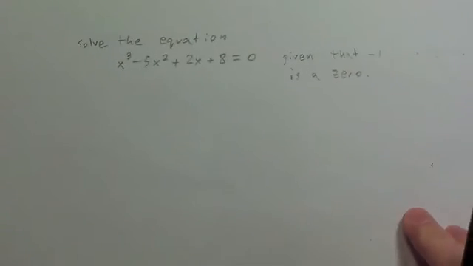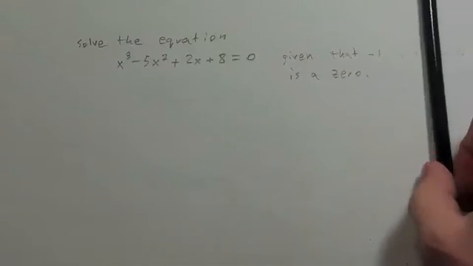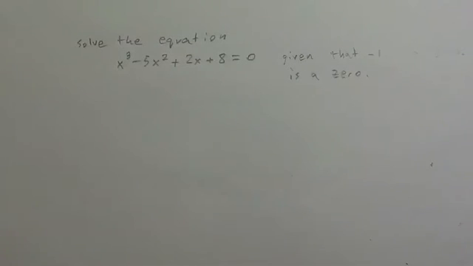Alright, now I'm going to show you how we can use division to help us solve equations, to help us deal with polynomials, to help us fight with them, so to speak.